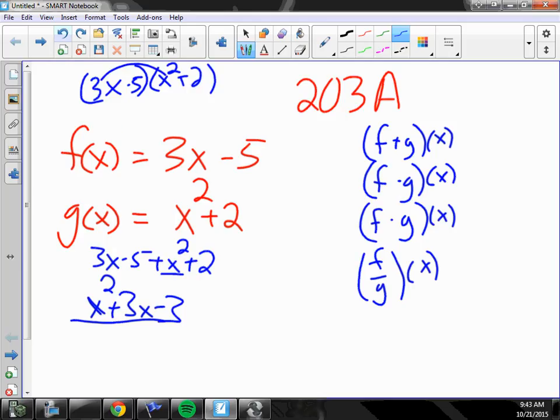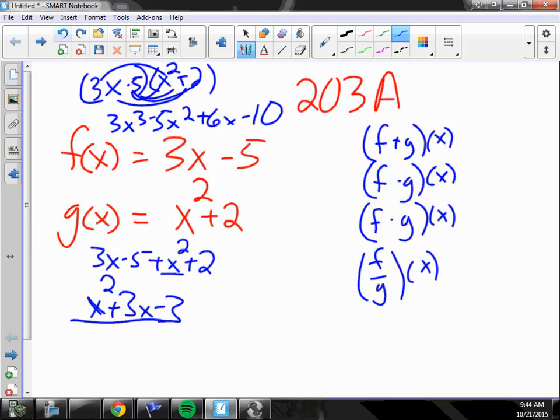So that's going to give me 3x to the third minus 5x squared plus 6x minus 10. What's the domain of that function? All real numbers, because we don't have to worry about any dividing by 0 or squaring negatives.